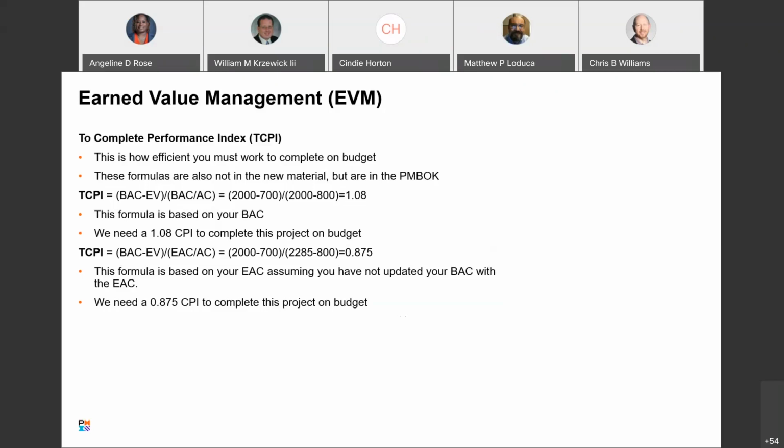It says we need 0.875 CPI to complete this project on budget, so we don't have to kill ourselves. So BAC is the original budget at completion, which was 2,000. EAC, estimate at completion, we revised to $2,285. And you'll see that in this formula right here, right? EAC minus AC. Okay, hopefully everybody's staying with me.